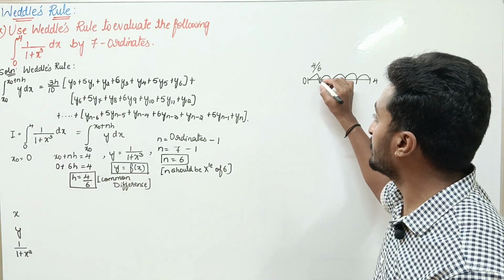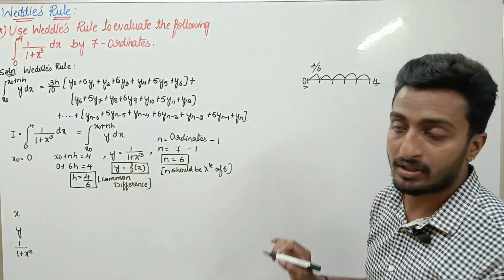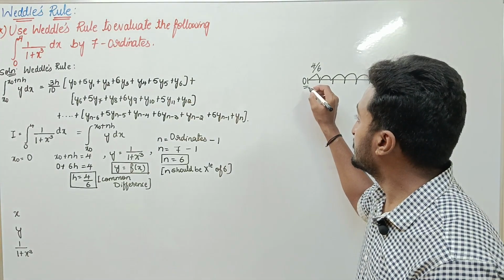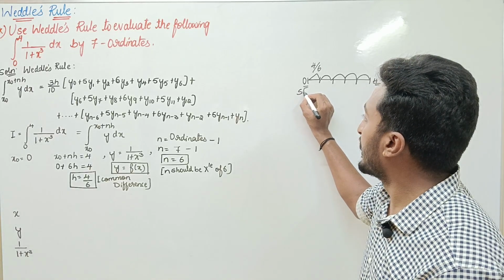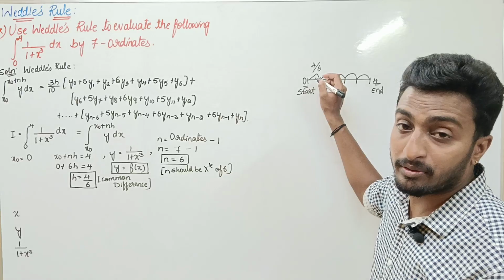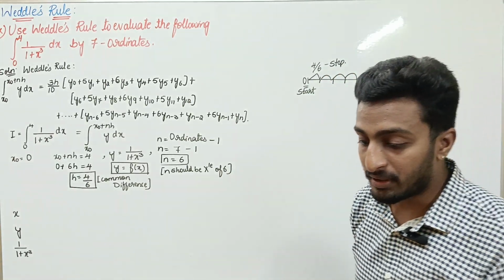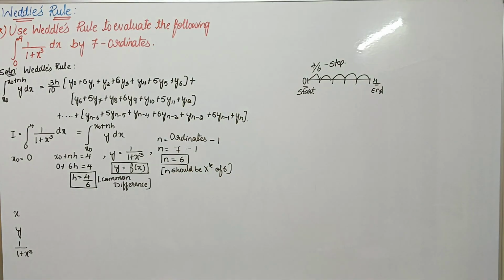Got the point? Yes. Now, this will be our start, this will be our end value, and this will be our step in the calculator. Remember this. I am going to show you in the calculator.